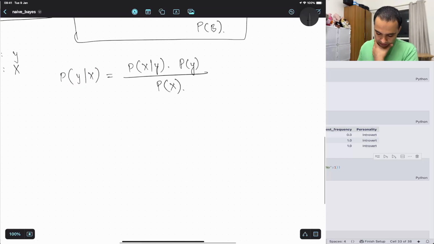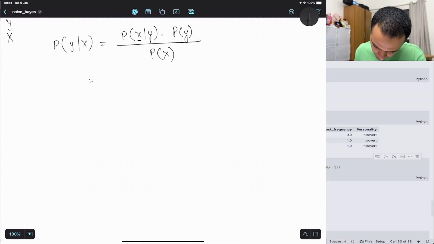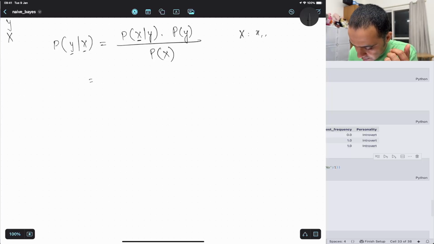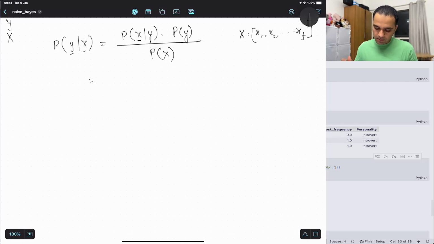Now if we expand this equation, here we are assuming that Y and X are vectors and classes of a particular sample. So X, capital X, can be noted as a set of x1, x2, xf, a vector of length f, which is the number of features.